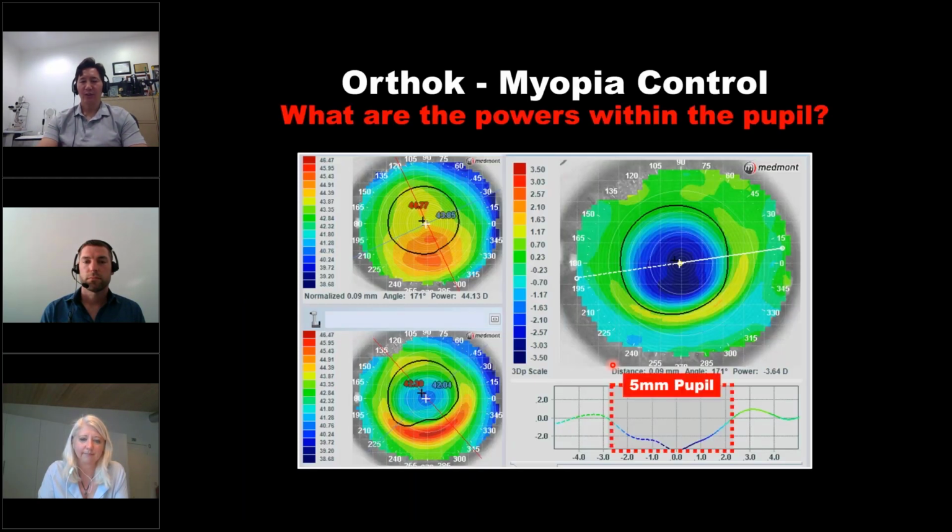So we would focus here on the pupil, the dotted red, and determine the radius of change at the center, the power change at the apex or visual axis, and then the difference from that point to the pupil margin. In this case, this patient has a 3.62 diopter add.